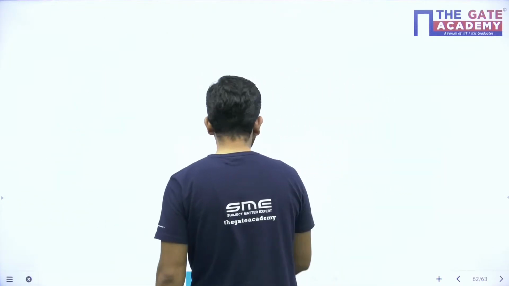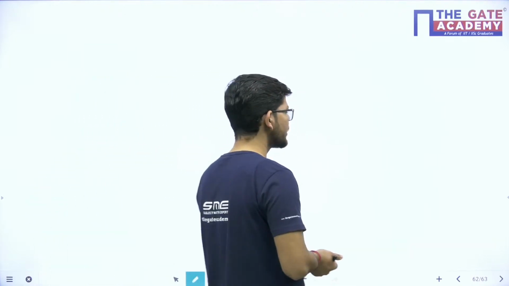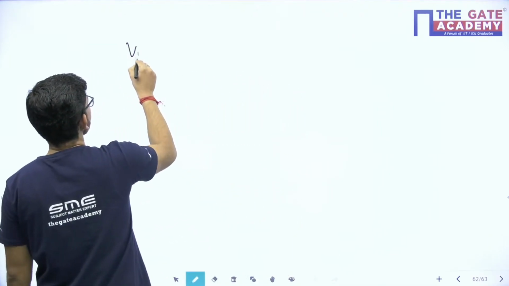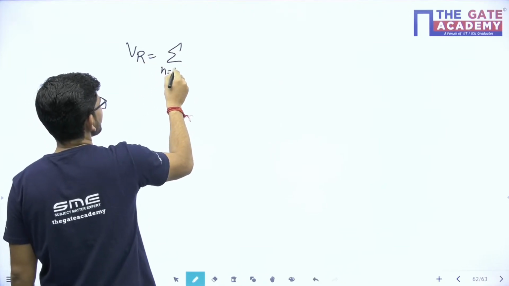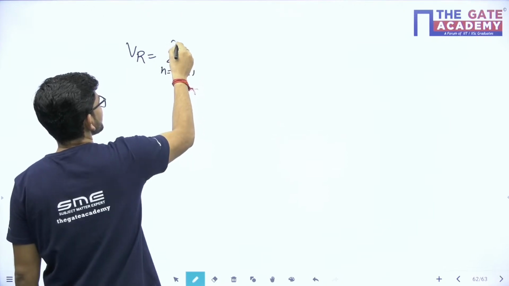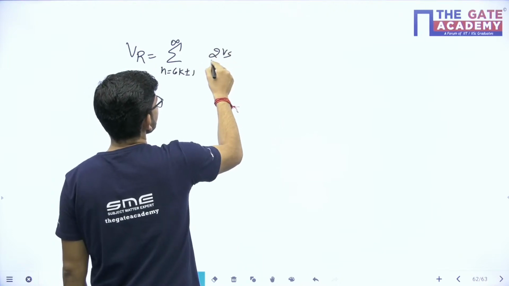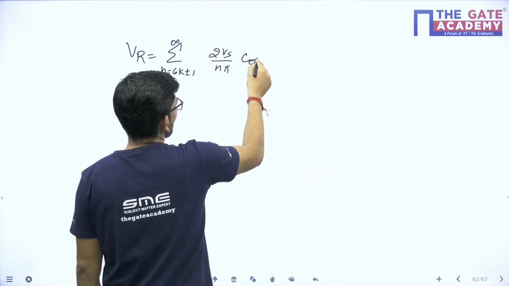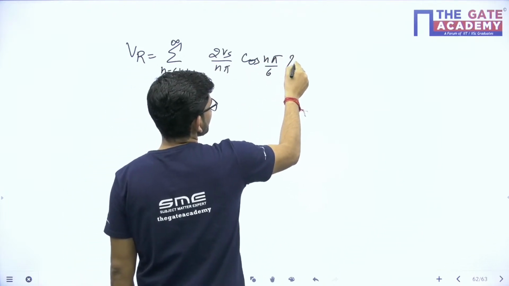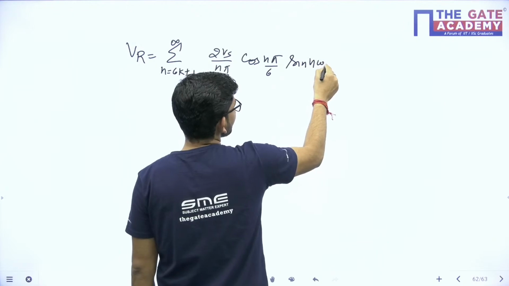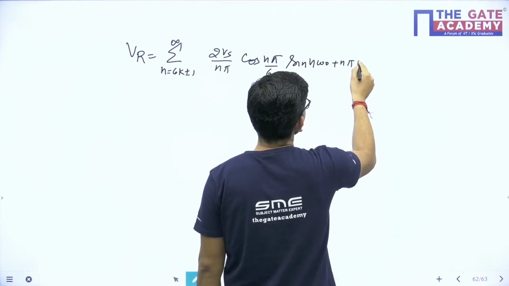After that, using the same phenomena of writing the Fourier series waveform, the Fourier series expression for the phase voltage will be, for n equals to 6k plus minus 1, 2 Vs upon n pi cos n pi by 6 sin(n omega t plus n pi by 6).